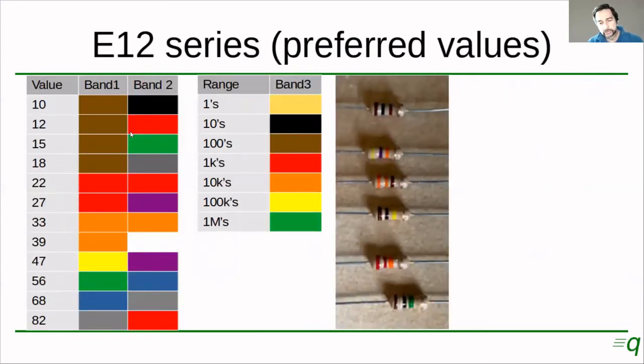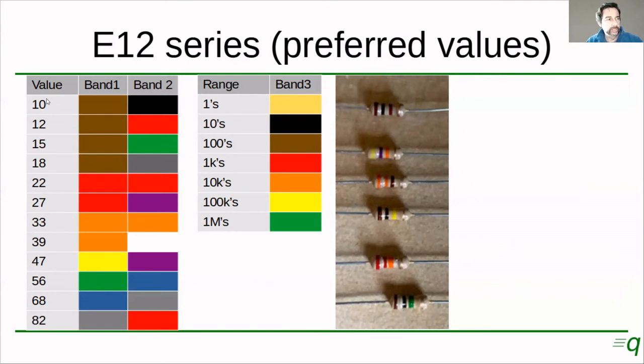Now, usually not all the values are available. If you want a resistor of 335 ohms, you will not be able to purchase that. There's something called an E12 series, which is the preferred value. These are the most common values in resistors.